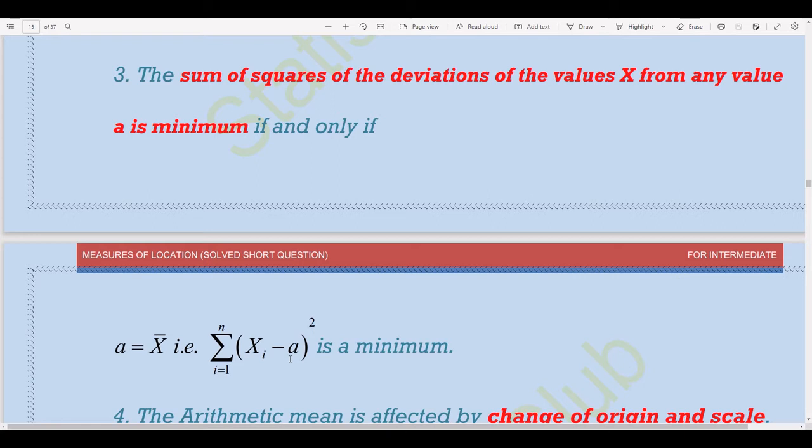When you take deviation from the mean, this will be minimum. In the sum of squared deviations, each observation x minus a, where a is your assumed mean. If your assumed mean is equal to x bar and you take the square and then sum, the answer from deviation from the mean is minimum among the other assumed means that you take.